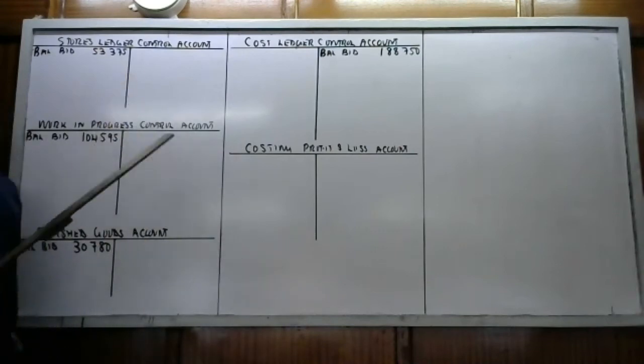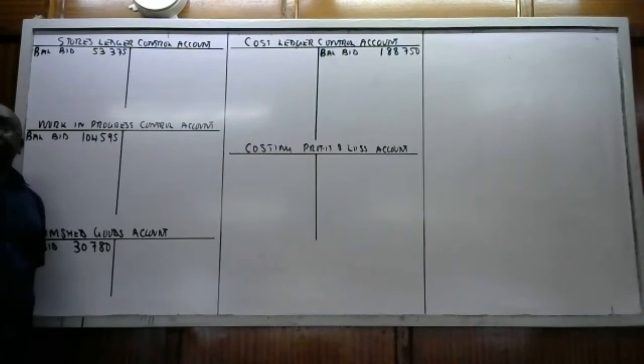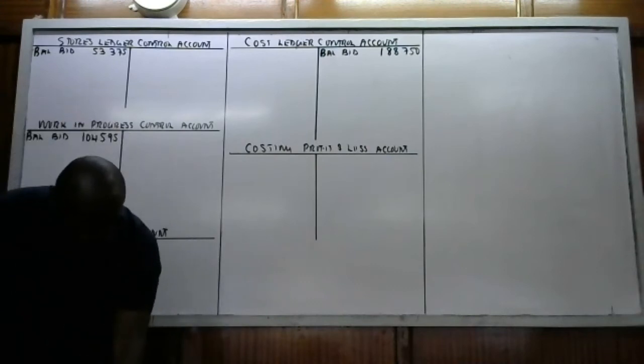The balancing figure would come to the costing P&L. But now that it balances, that's okay. So we proceed now.